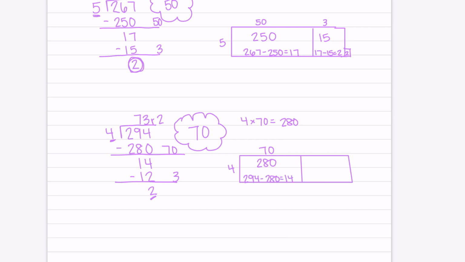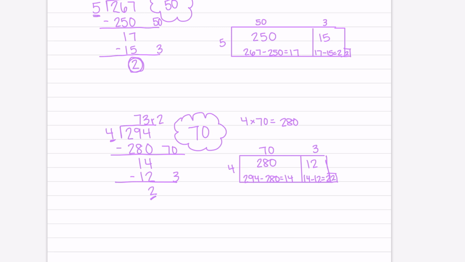I'm left with 14. I know that 3 times 4 is 12, and 14 minus 12 equals 2. Okay, so my rectangle outside here, I have a remainder of 2.